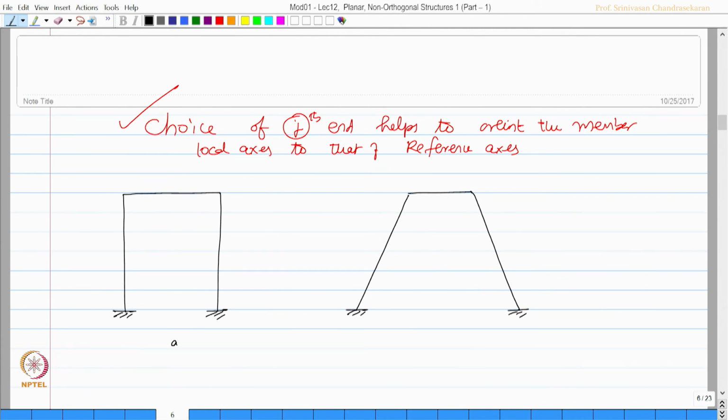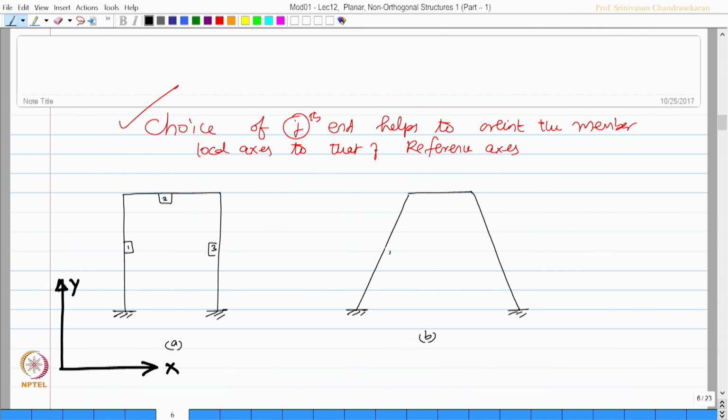Let us say A, B. Let us mark the reference axis for both of them as the same. So, this is x and y, for both of them it is the same, but the local axes are going to be different. Let us mark the member indices: this is the first member, the second member and the third member.